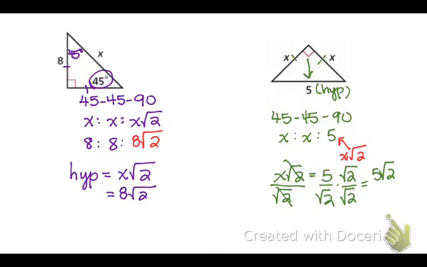So we would write it as 5 radical 2. Then your denominator would be the square root of 2 times the square root of 2, which is the square root of 4. And that's going to simplify to just 2. So that is the length of x, or a leg of that 45, 45, 90 triangle.